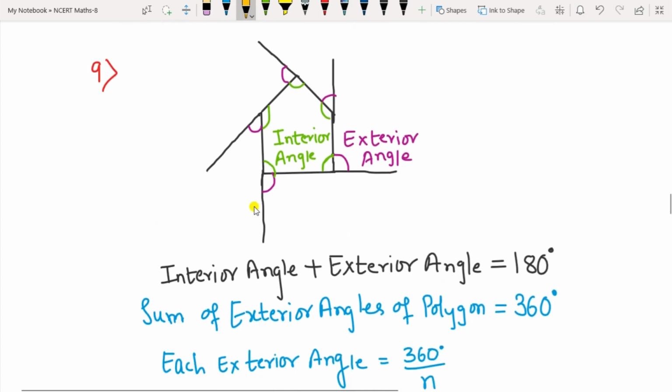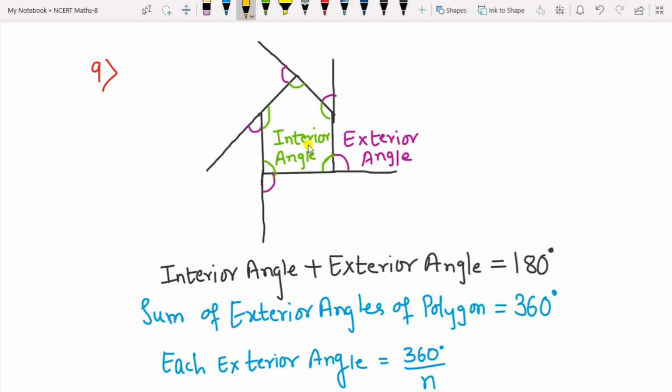Then ninth is about the interior and the exterior angles. Suppose this is a pentagon here, and if you extend the line segments in the exterior part, like this I have extended here, then you get an exterior angle everywhere, and the angle inside the figure is called the interior angle.